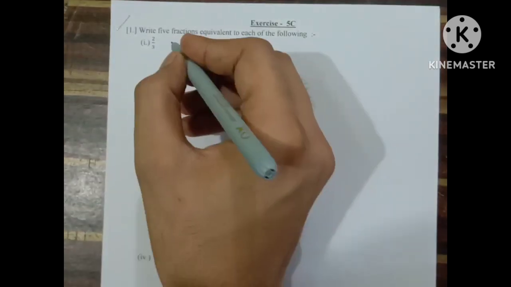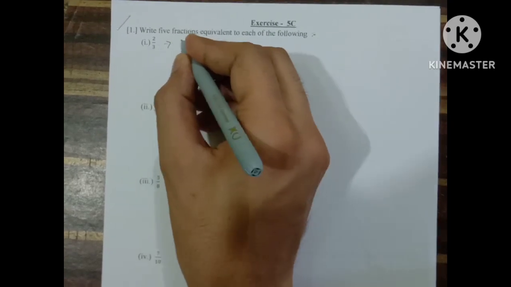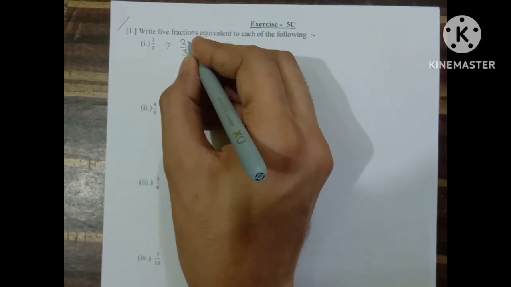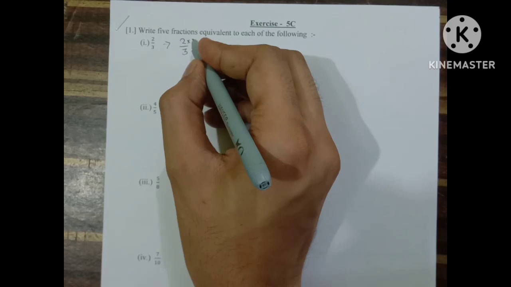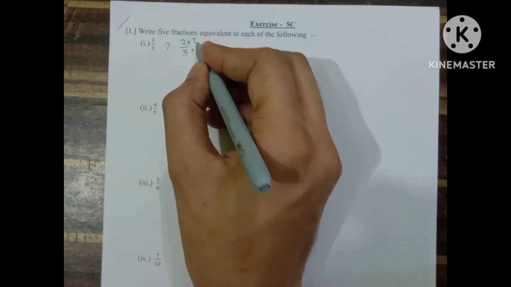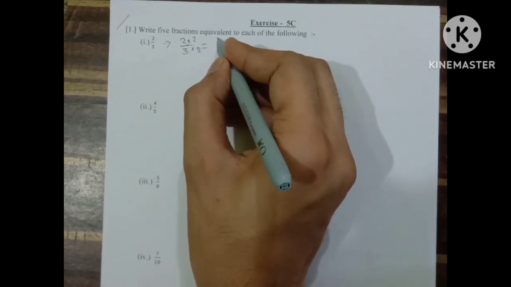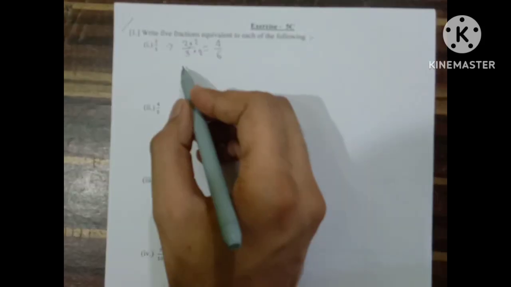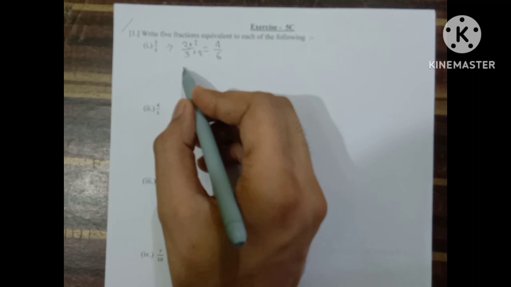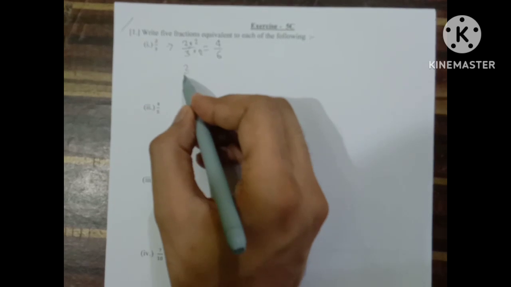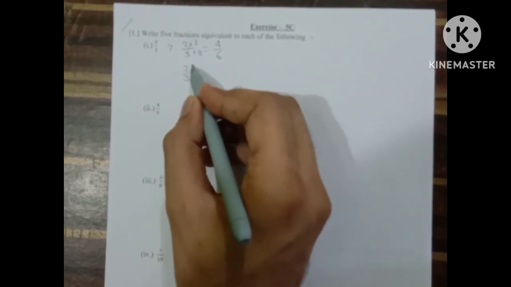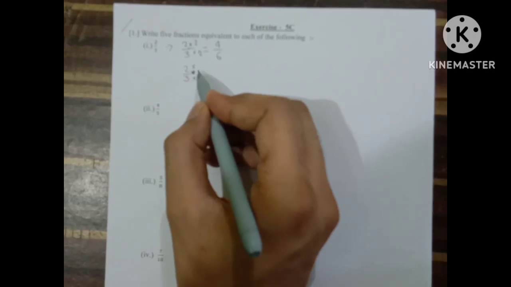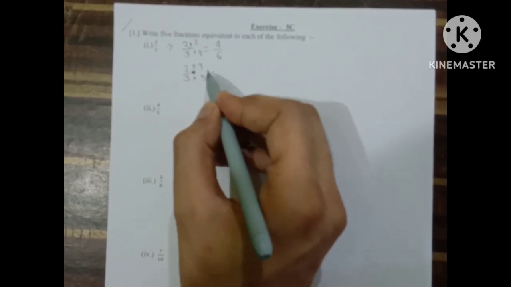Doing the same thing I have just said, we multiply both numerator and denominator by the next natural number, that is 2. On multiplying we get 4 by 6. Now the next natural number is 3, so we multiply both the numerator and the denominator by 3.